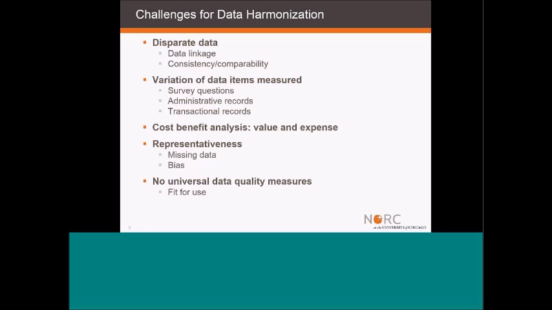When you combine that, there are different kinds of populations, and whether or not the data represents them, and then you have to deal with different types of missing data and some bias issues. So a challenge, again, back to the overarching goal for this workshop, is data quality measures. So far, there are no universal data quality measures, unlike traditional data collection. But there is fitness for use.